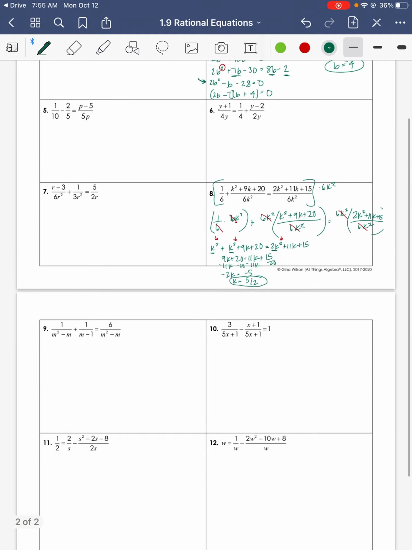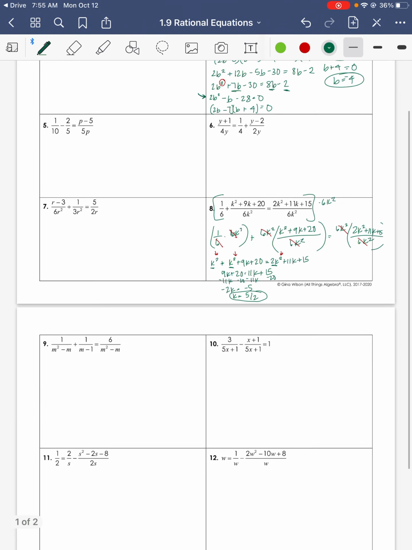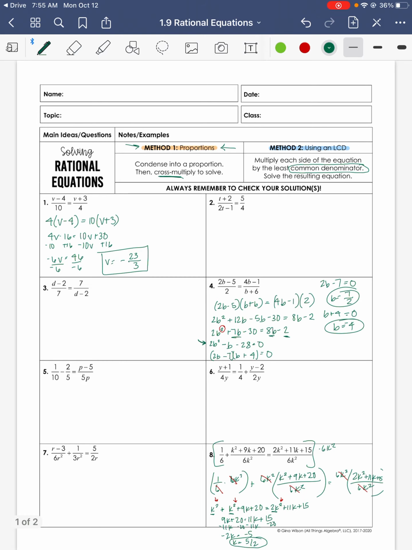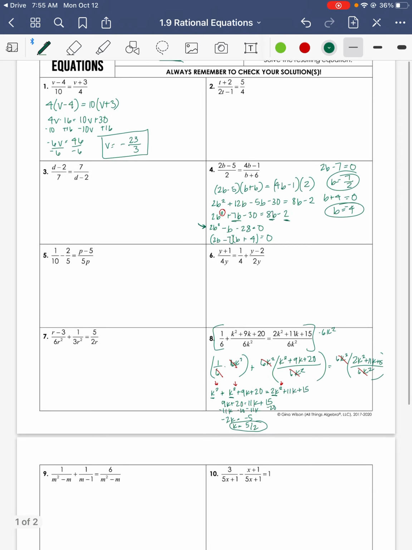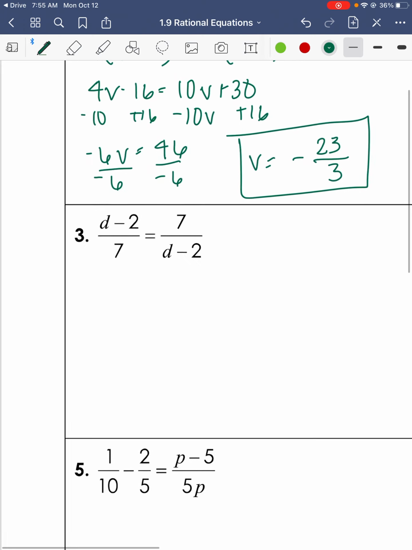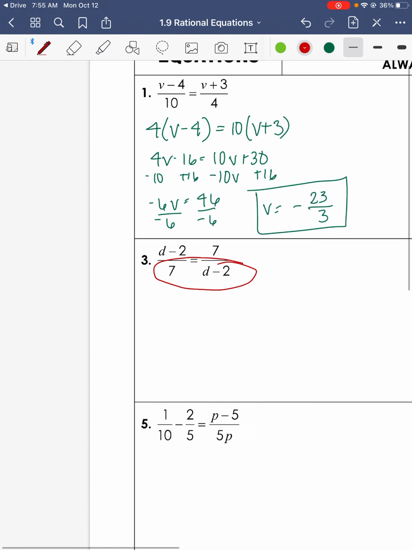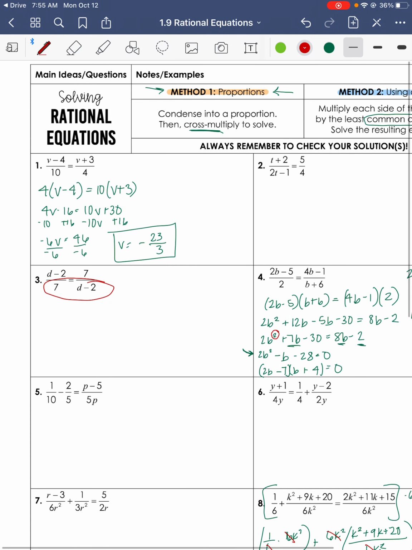So it looks like there's a pretty healthy mix here. It's just going to be deciding which method you want to use. And if you come across a problem like this where your least common denominator is just going to be multiplying the denominators by each other, that's essentially what you're doing in method 1. Method 1 is just cross multiplying because your lowest common denominator is the two denominators being multiplied together.